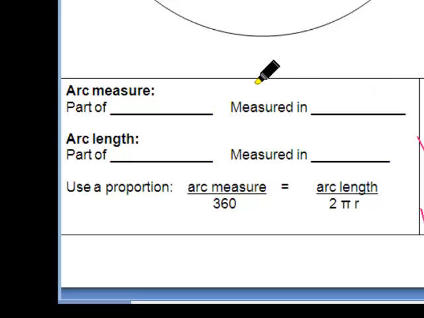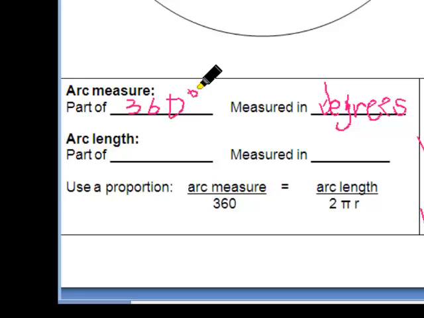So the arc measure is measured in degrees, and it's going to be part of the whole circle, so part of the 360. So if you're not sure what it is, but you know it's a fourth of the circle, well, then you know it's a fourth of 360. So that's the reason I'm putting this right here. Sometimes that's what helps us figure it out.